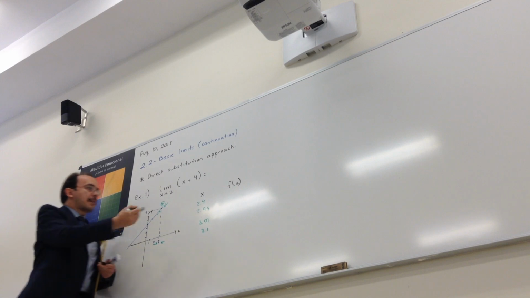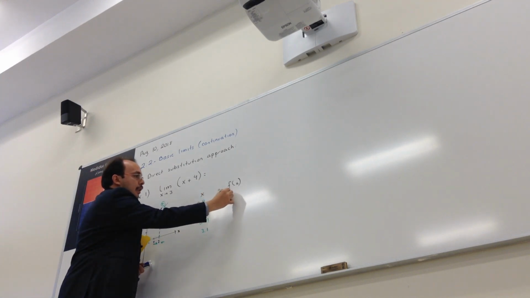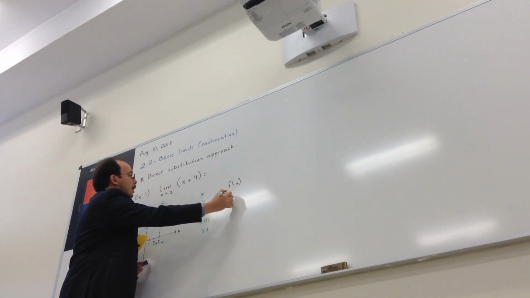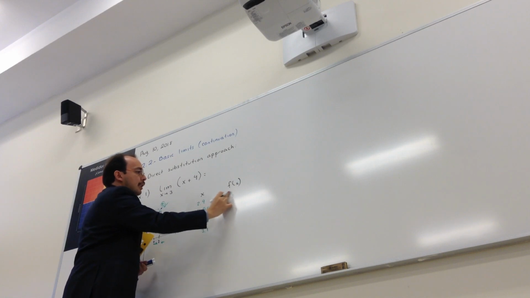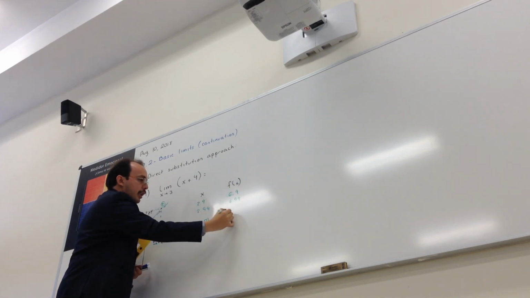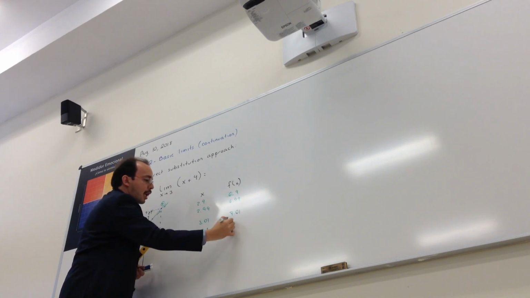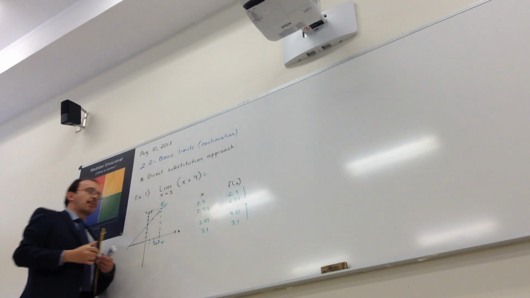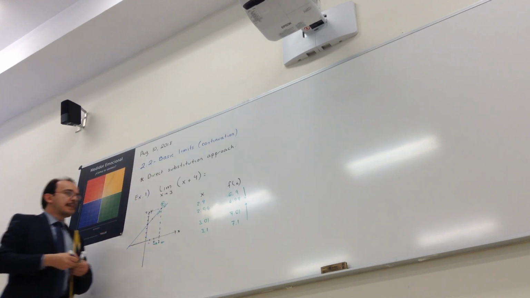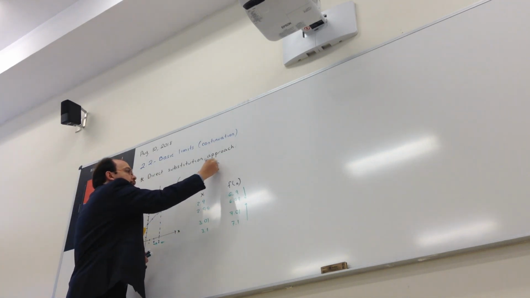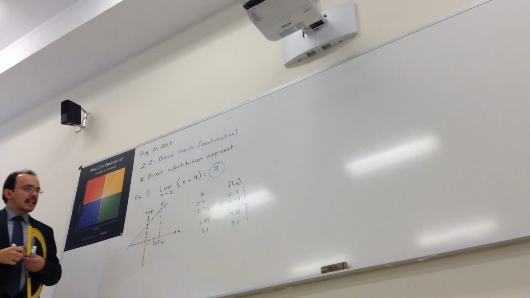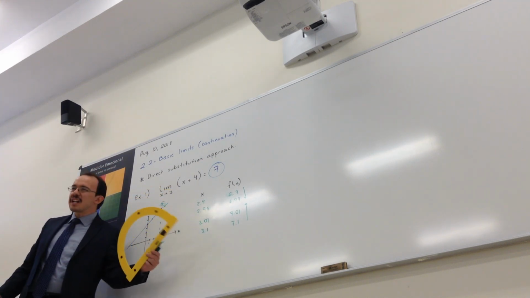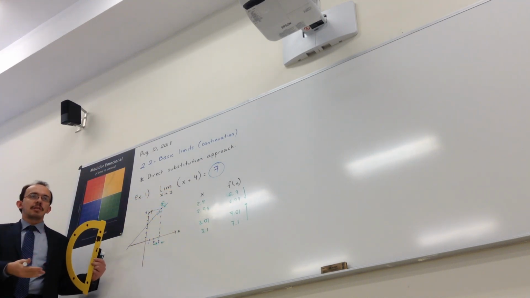So if I evaluate, then I have 6.9, 6.99, 7.01 and 7.1. So at the end, my function is approaching what value? 7.